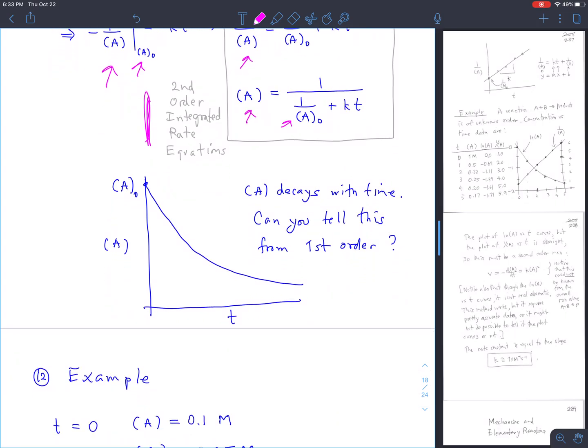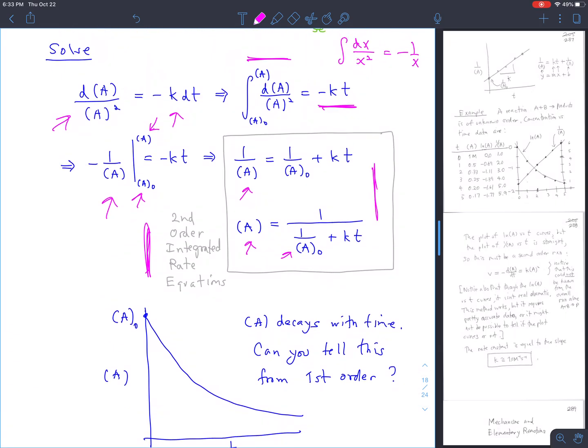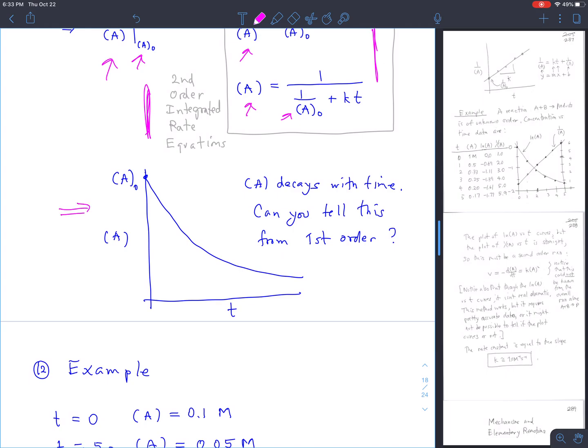Again, if you plot these, this one especially, A versus time, then again you get a decaying curve, and at time equals 0, of course, the A concentration has to be the initial A concentration, A0. Can you tell whether it's first or second order from this plot?